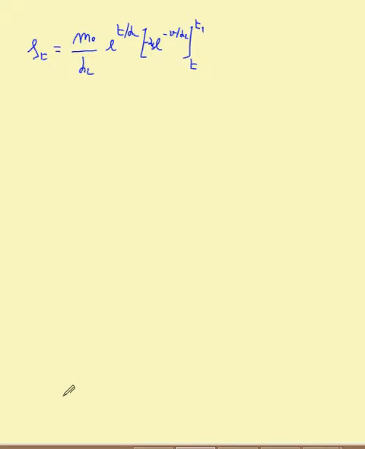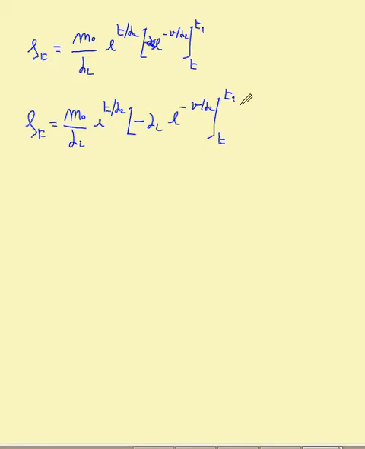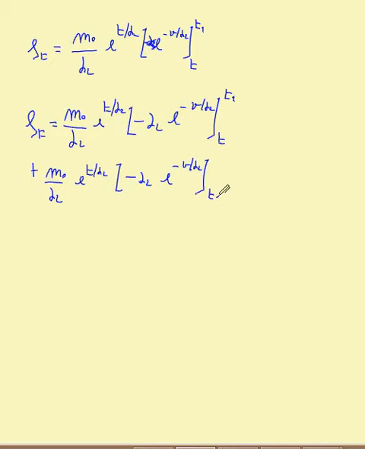This is the first integral. The second is plus m0 over alpha 2 e to the power of t over alpha 2, which multiplies, the integral is the same, minus alpha 2 e to the power of minus v over alpha 2 between t1 and plus infinity. And this is the second integral.